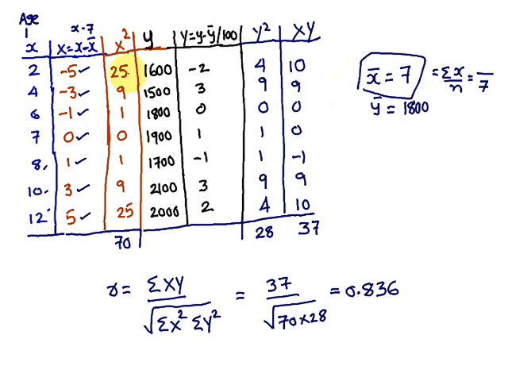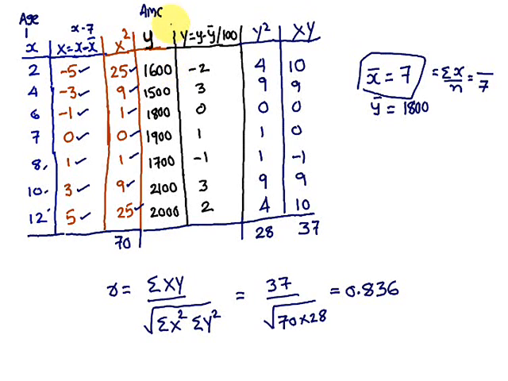Next, multiply for x square: minus 5 whole square is 25, minus 3 square is 9, minus 1 whole square is 1, 0 square is 0, 1 square is 1, 3 square is 9, 5 square is 25. Similarly, now we have to write the annual maintenance of the corresponding ages.